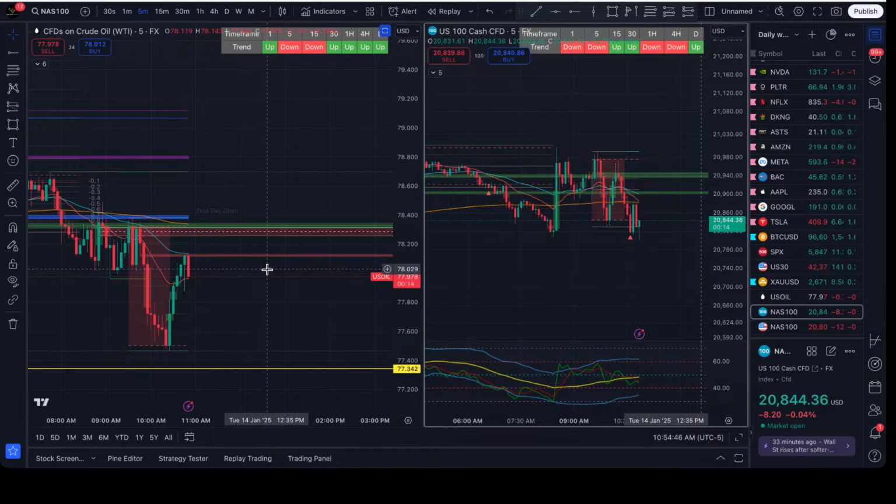So we did get a couple of confirmations in GBP, NZD. Let's just take a look at that. We're waiting for oil. Oil looks like it's pushing down now.